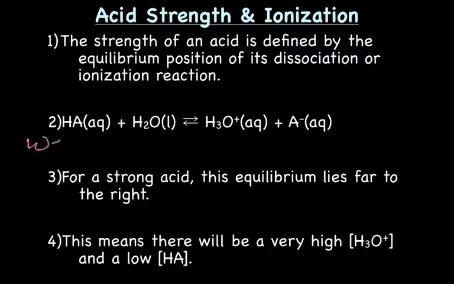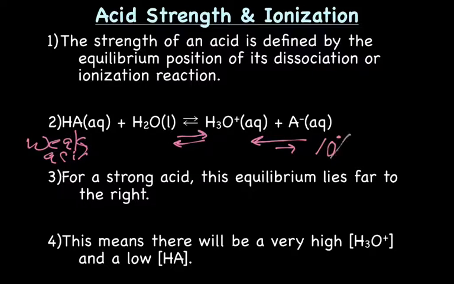For a weak acid, the equilibrium position possibly would be about equally favoring the reactants and products, but truthfully, often the equilibrium position favors the reactants, with only about a 10% dissociation, meaning that 90% of the acid stays together, and only about 10% of the solution is hydronium.